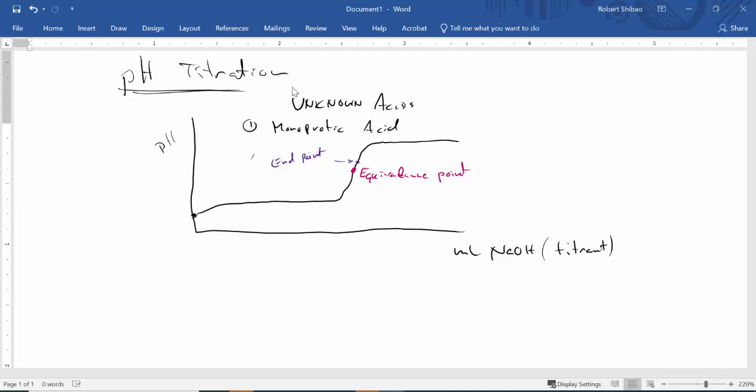And so this is more vertical. I didn't draw it quite vertical enough. So there's very little error. Hopefully there's very little error. It depends on what indicator you use. But our indicator that we're using is phenolphthalein here.